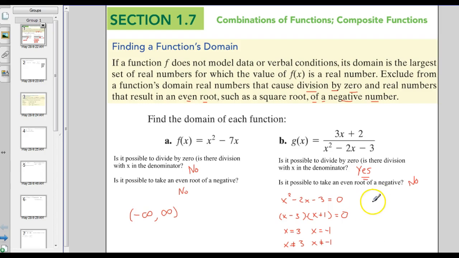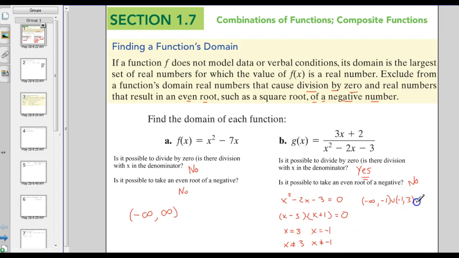The way we write that as a domain in interval notation is we start from negative infinity, comma, we go up to the first thing that shows up left to right. Negative 1 is smaller than 3, so we start with negative 1. And then union, go from negative 1 to the other one, 3.